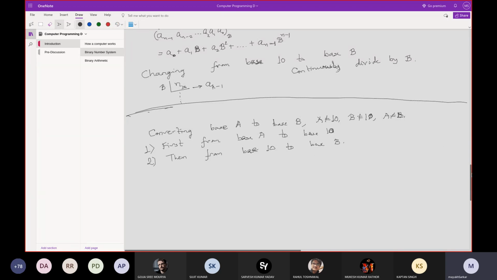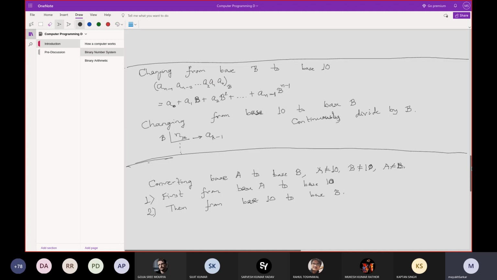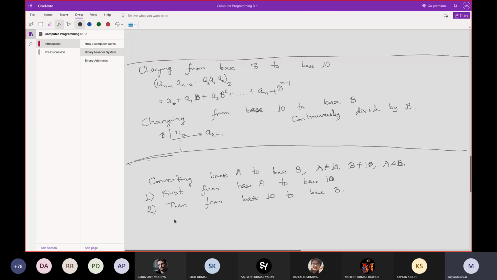As an example, suppose I take the number a_{n-1}, a_{n-2}, all the way up to a2, a1, a0, written in base A. If you want to convert it to base B, if B is 10, then it's okay.